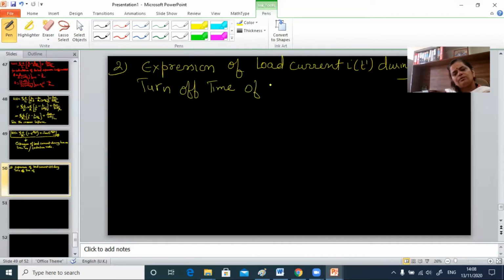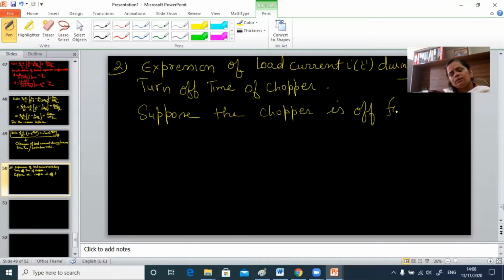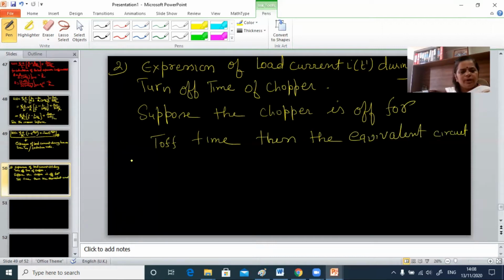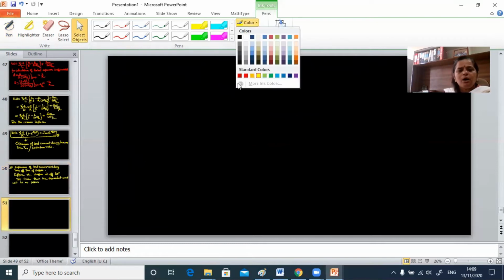time of chopper. Now if I draw the equivalent circuit, suppose the chopper is off for TOFF time, then the equivalent circuit will be as follows. So what is the equivalent circuit? Let me draw.